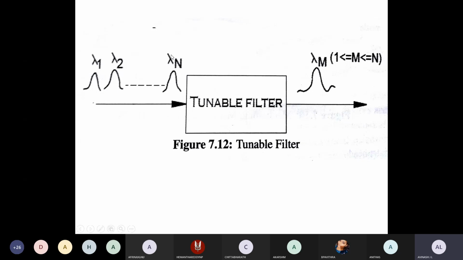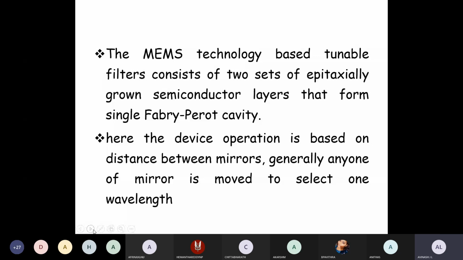That means there is a minimum and a maximum, and the tuned wavelength will stick to this range only, and so we have understood.